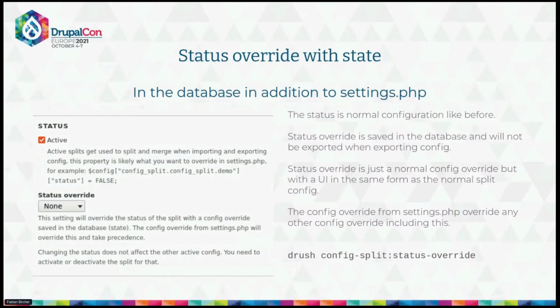But for editing settings.php, you need to be able to edit the files and you need to like go away from the UI. Of course, there is also a Drush command for this. Config split status override. You give it the name of the split and whatever you want to do. So on or off or none.